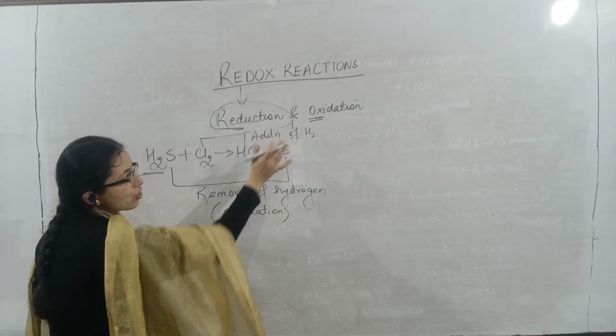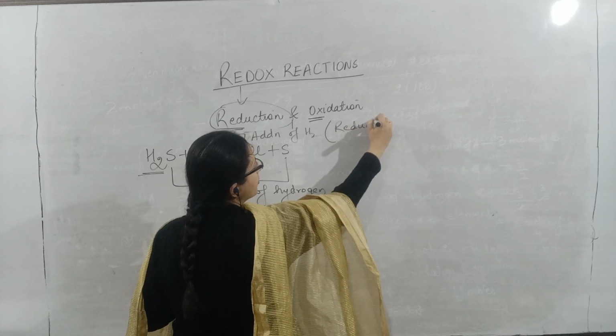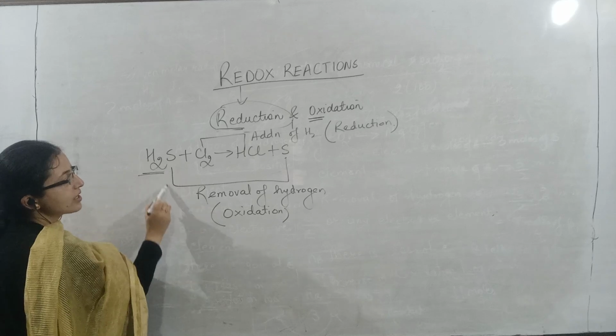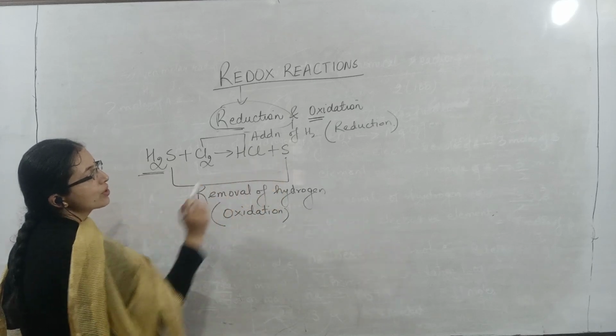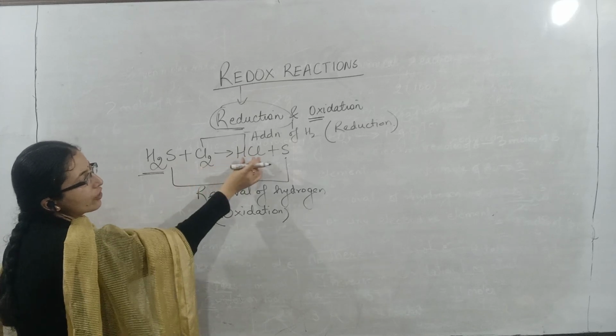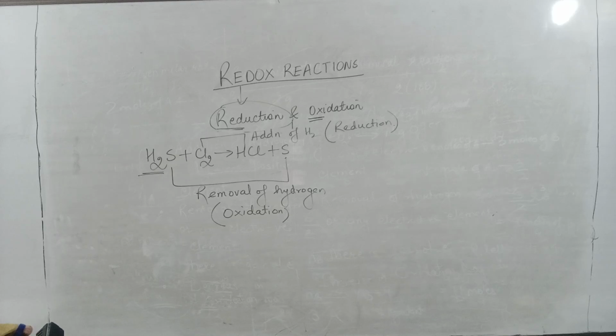And if there is addition of hydrogen, the process is termed as reduction. So what we will say, hydrogen sulfide is getting oxidized to sulfur, and chlorine is getting reduced to hydrogen chloride. ठीक है, according to the earlier concepts.